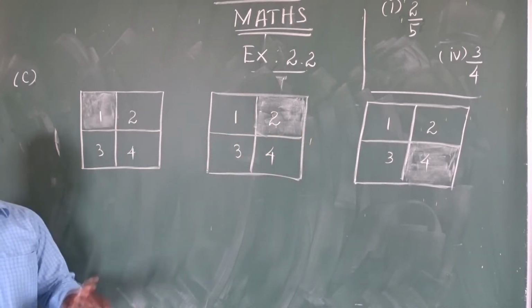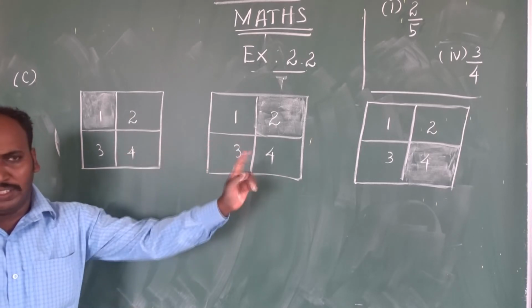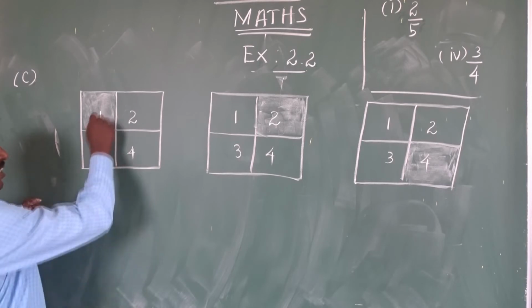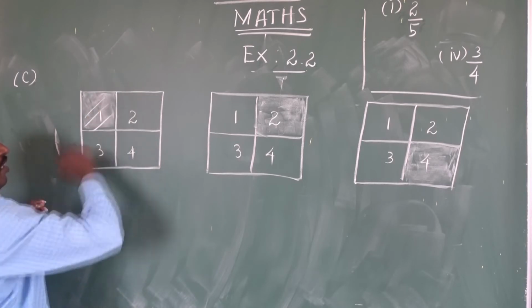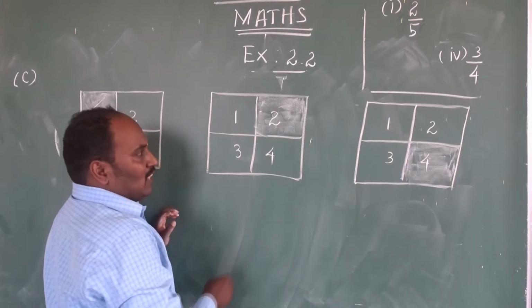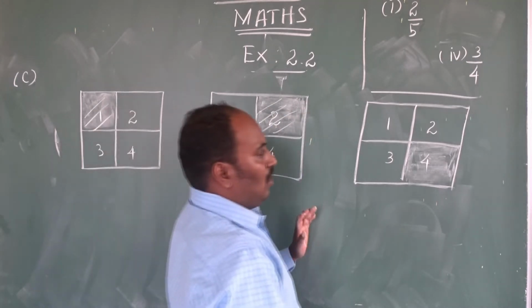Each 4 equal parts: 1, 2, 3, 4. We shade one in each. The first square, the first part is shaded. Then second square, second part is shaded.